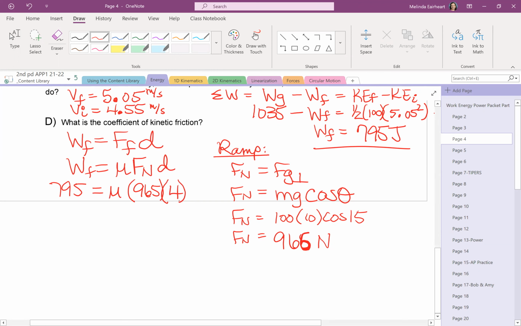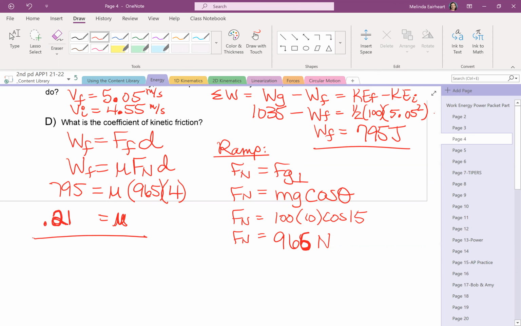That was equal today, but it won't always be equal. First half, second half. And so solve for mu. Again, your check is it should be less than 1. 0.2059. So we'll say 0.21. Usually they're in 2 decimals. No unit, right?